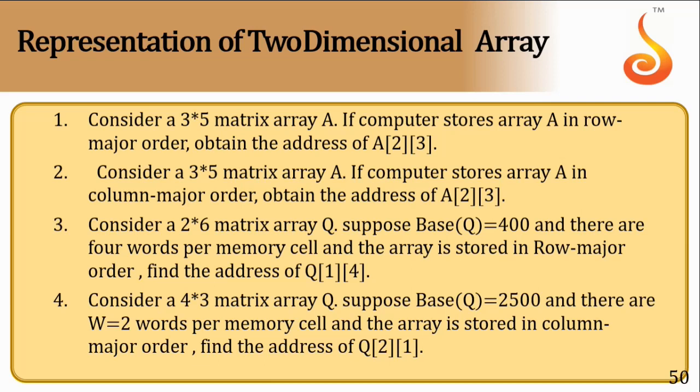Because it's a 3 cross 5 matrix, the row would be from 0, 1 and 2, and the column would be 0, 1, 2, 3 and 4 because total number of columns is 5. Please make a note of this, then I will show you how to solve this.